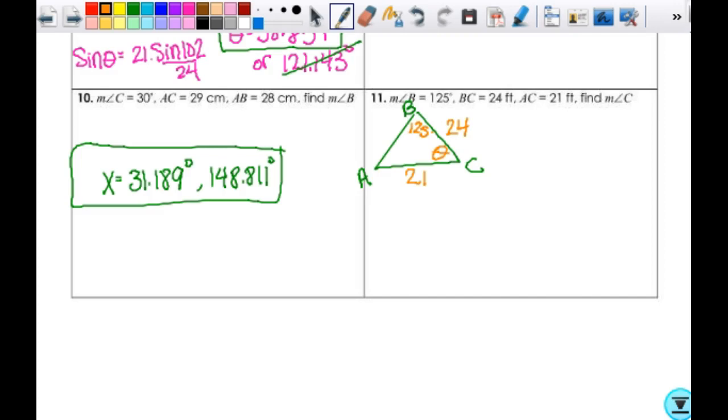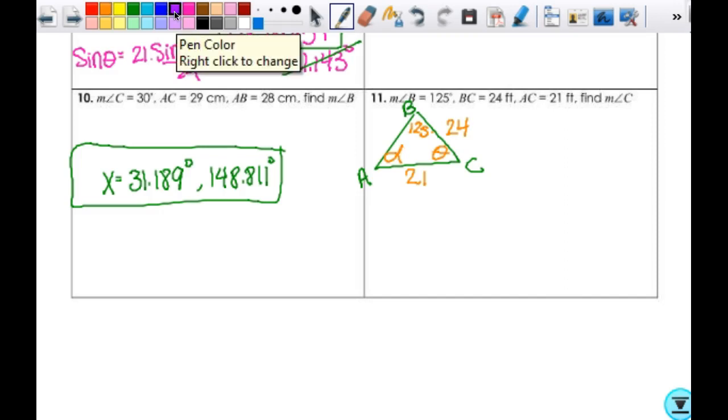Well, I can't directly find the measure of angle C because even though I do have two sides and the non-included angle, this theta that I'm looking for is across from this side that I don't know. This 24 is across from this angle that I don't care about, but I'm going to have to find. So theta is used, I'm going to use alpha, which looks like the puffy Jesus fish. All right, I'm going to set that up.